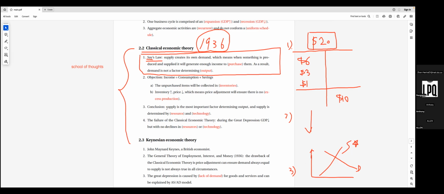One more thing, supply. The next step: one final question we need to consider is how many different goods and services we can produce within a country in the long run, and that is ultimately determined by two things, resource and technology.